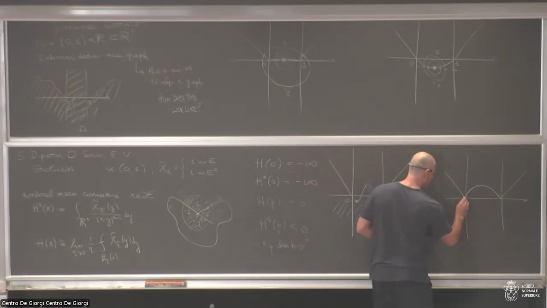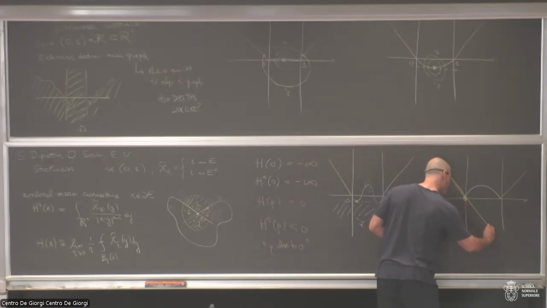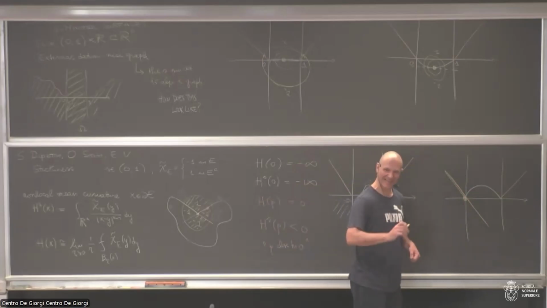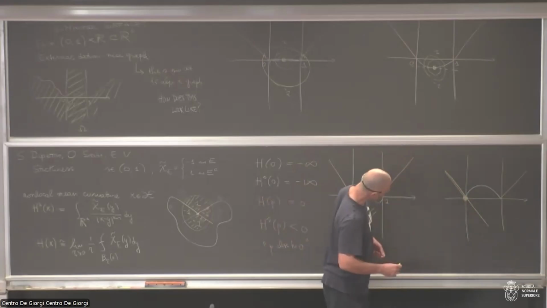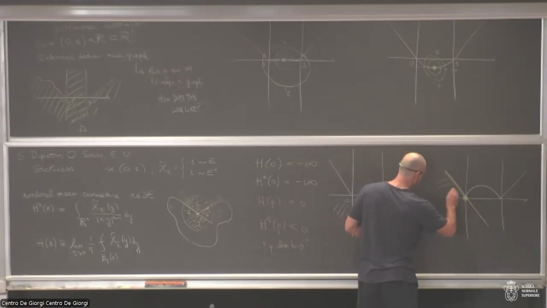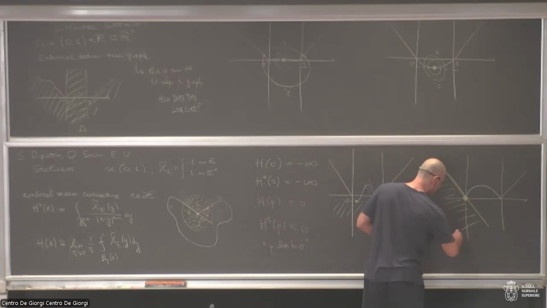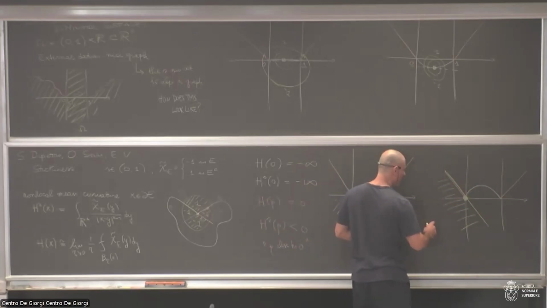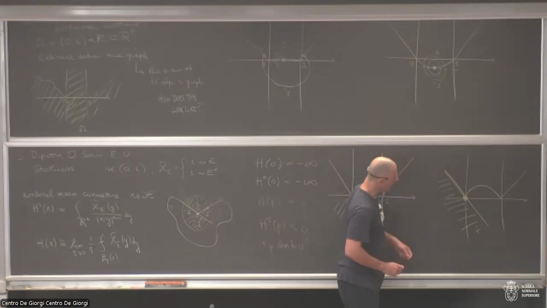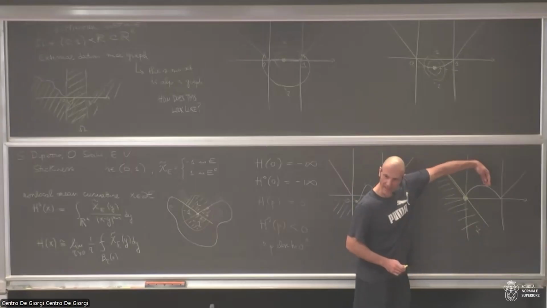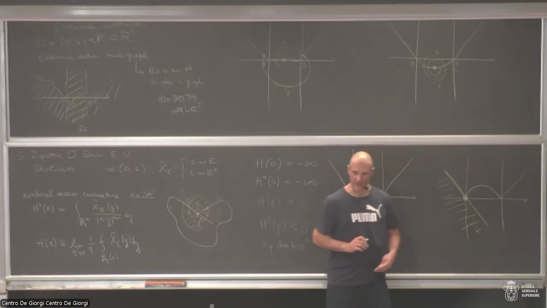Because now I can look at this plane and say, well, this half plane is full of -1, and I will not be able to compensate it with the other half plane.